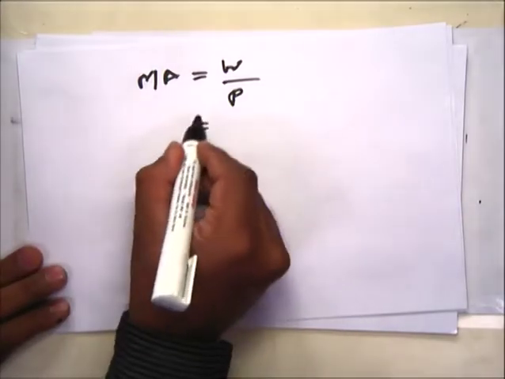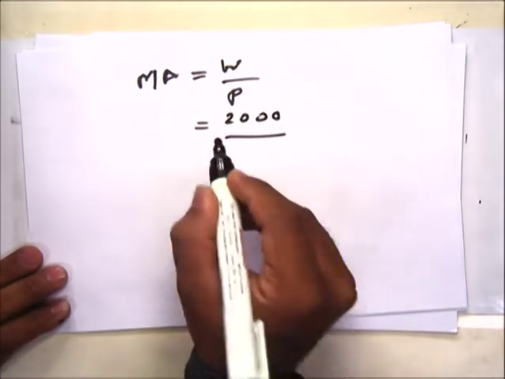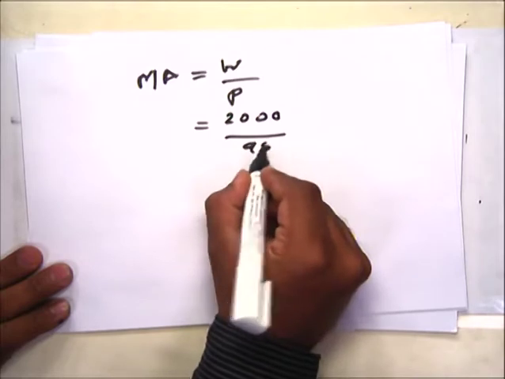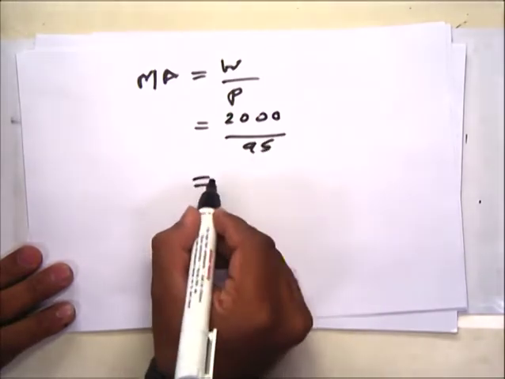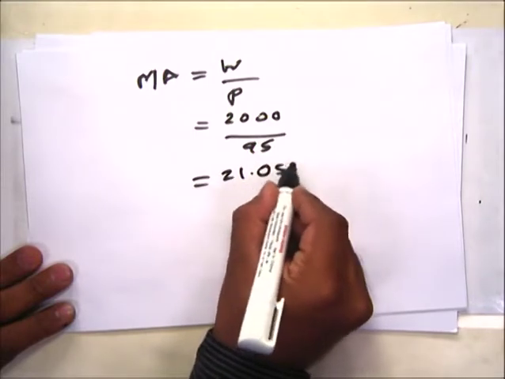So for that purpose load is 2000 Newton and effort at that point is 95 Newton. So we can get a mechanical advantage of 21.052.